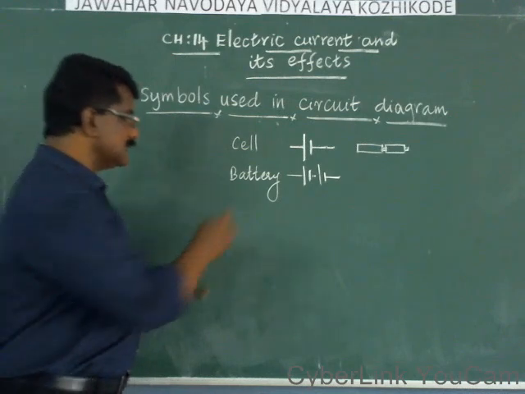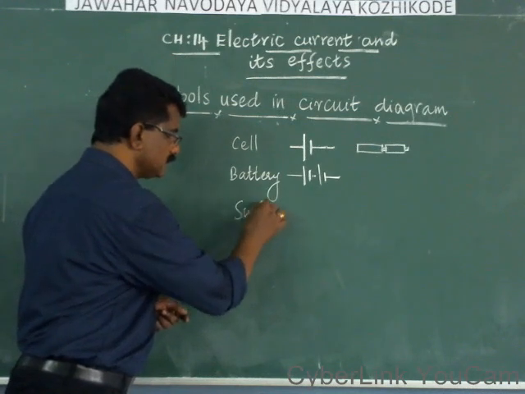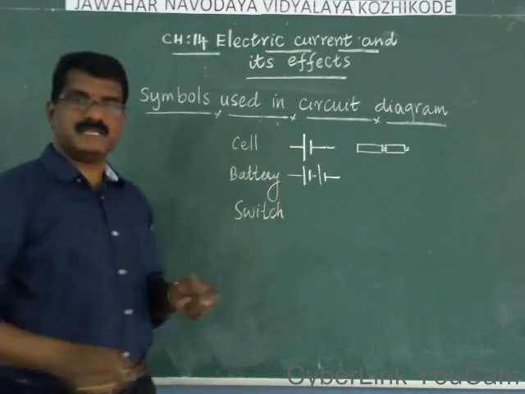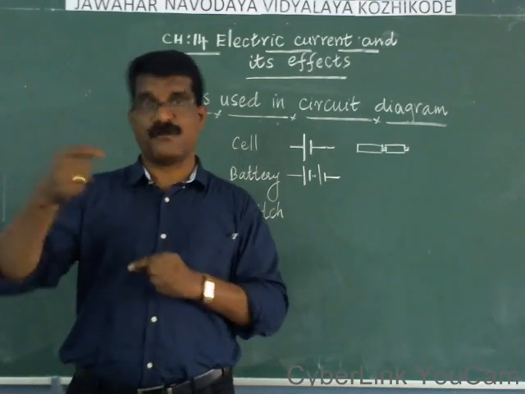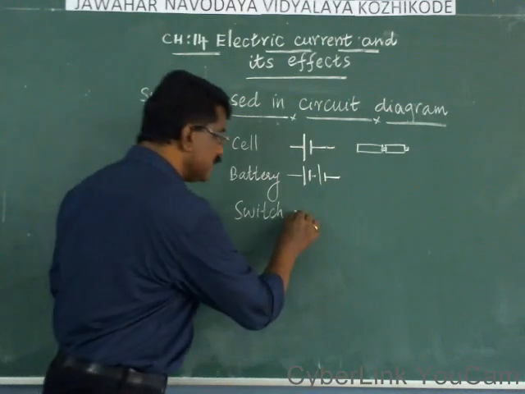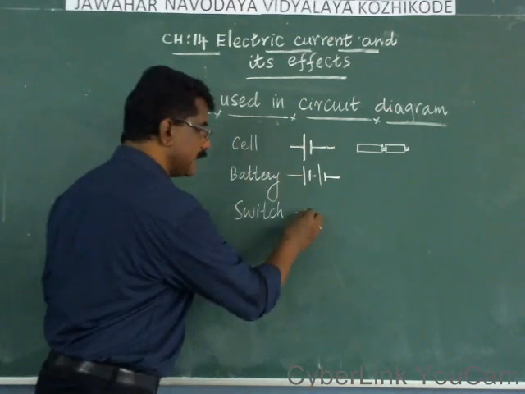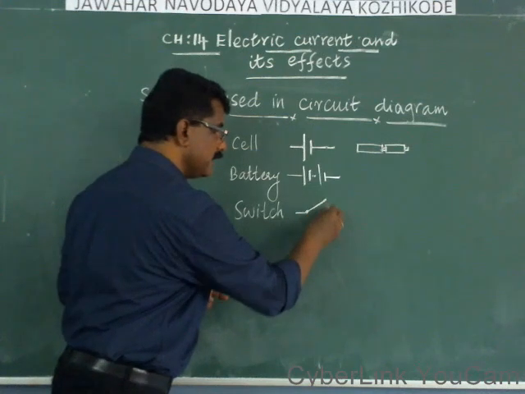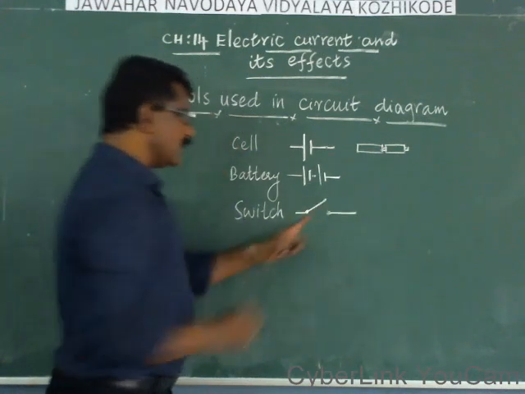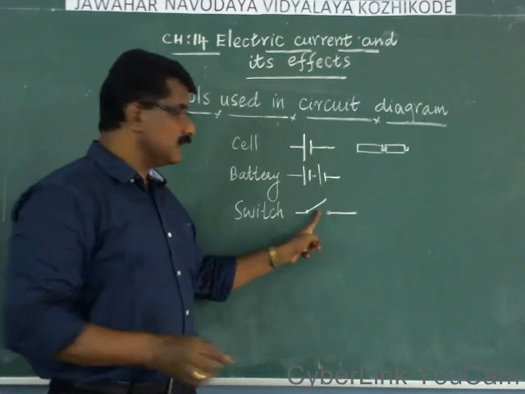Let us see. See, if we write switch, of course, the switch will be in on position and off position. See, if I consider this is a wire and I connect a switch here. Now this is the switch.